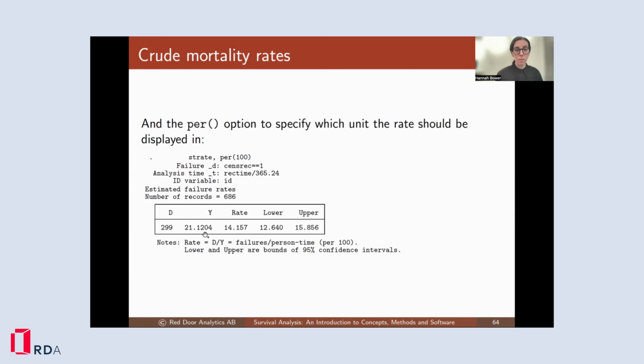So that's person years per 100. And what we do to calculate the rate is then we divide the D by the Y, so the events divided by the person time, and we get a rate of 14.16. So now this is the same rate, but it's multiplied by 100. It means that we have a rate of recurrence or death combined, the outcome, of 14.157 per 100 person years. And we have our lower and upper confidence interval for that.